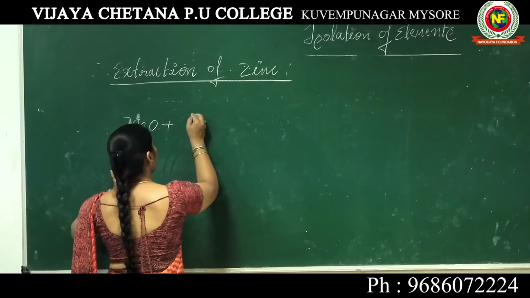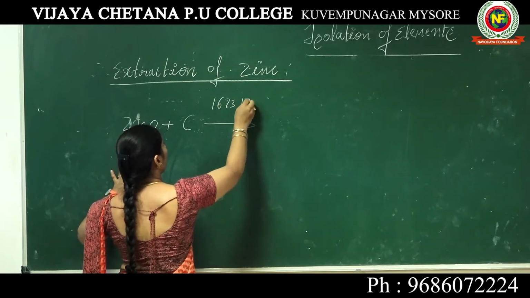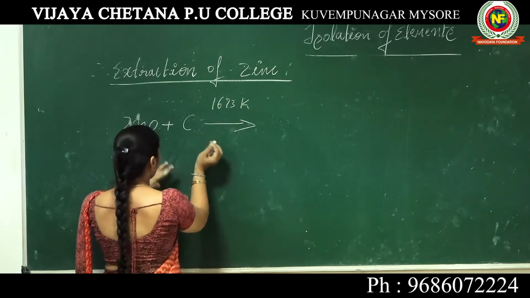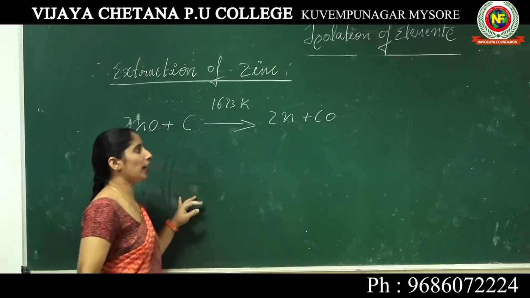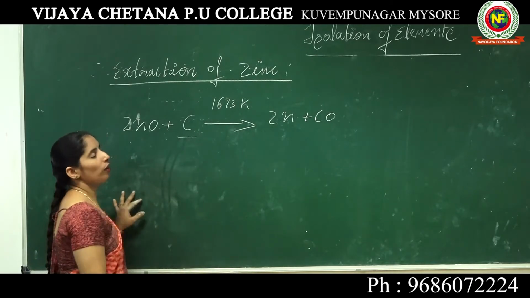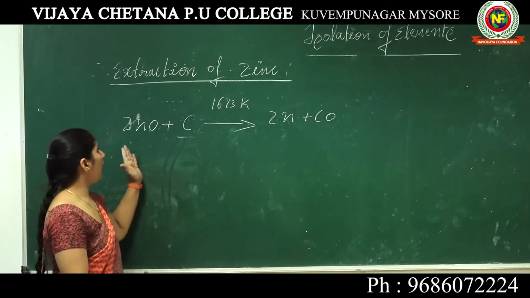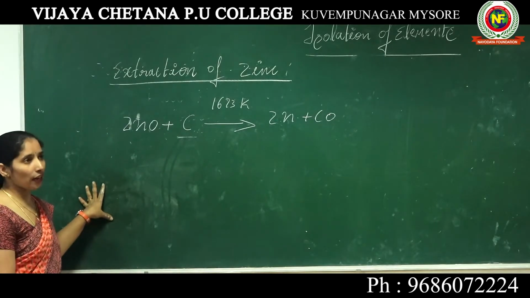I am using coke as a good reducing agent, and this process is carried out in a vertical retort.